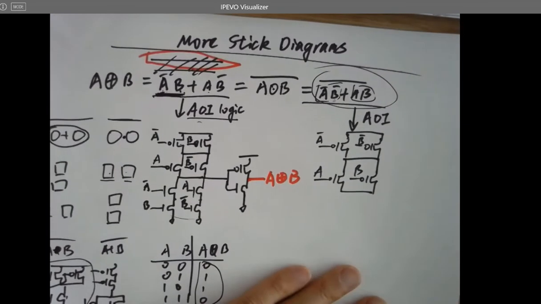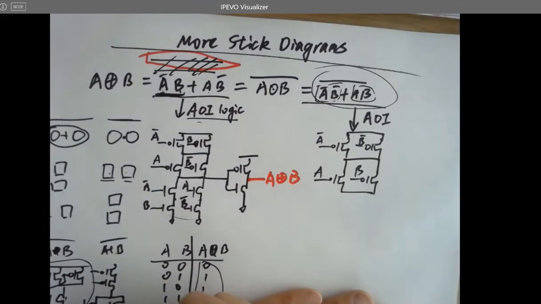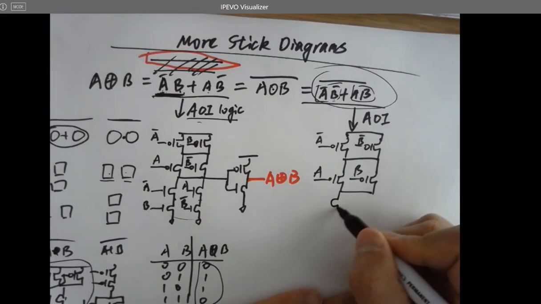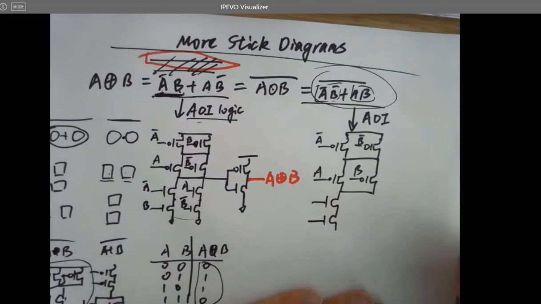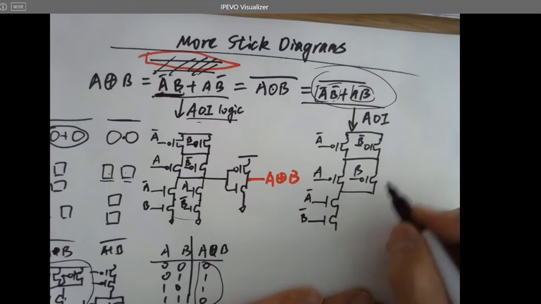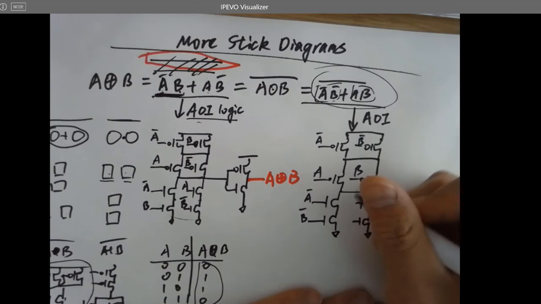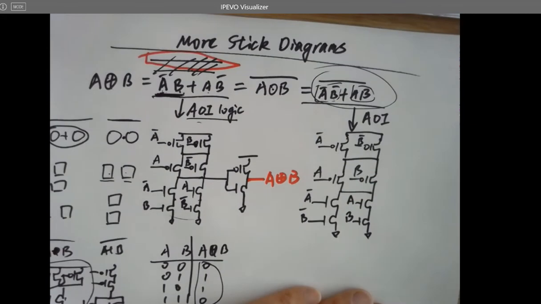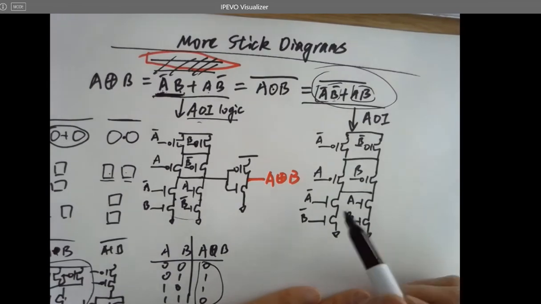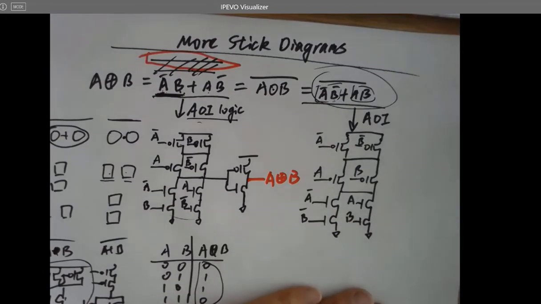NMOSes, unlogic, in series, A naught, B naught, in series, AB. Do I want to short it here? No, because they are in series. They should be in series.